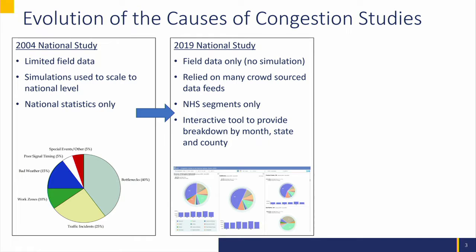Every state that has a National Highway segment in it was included. We also worked with BTS and the Eastern Transportation Coalition to identify sources of real-world data, so we weren't going to rely on simulation. We have enough data in this era to do this assessment without relying on any simulation.